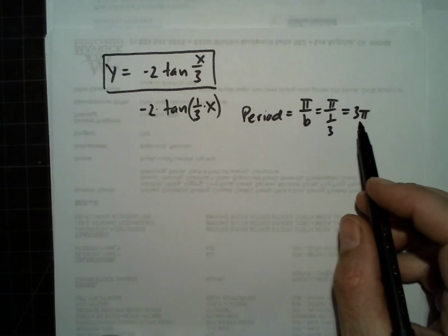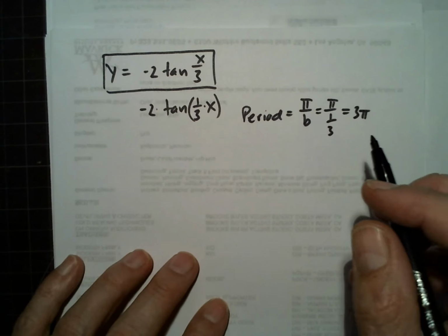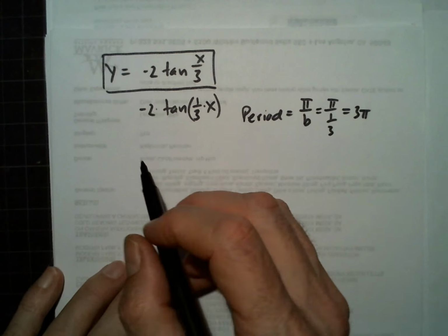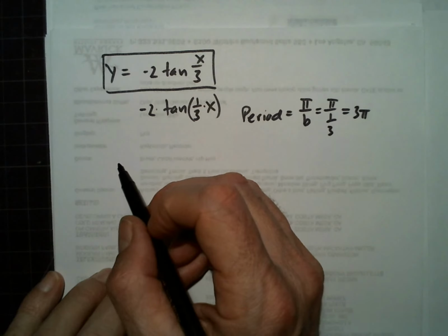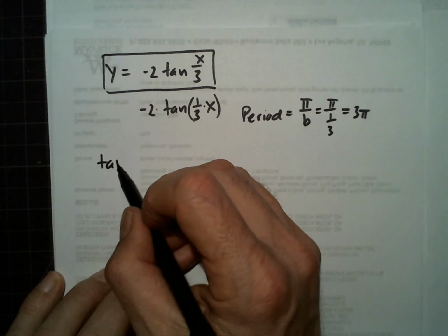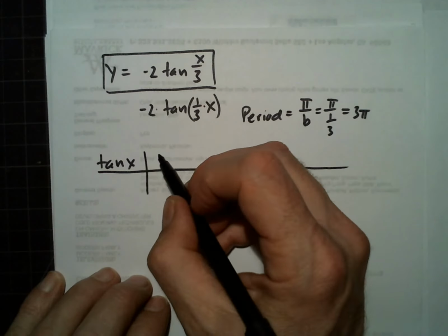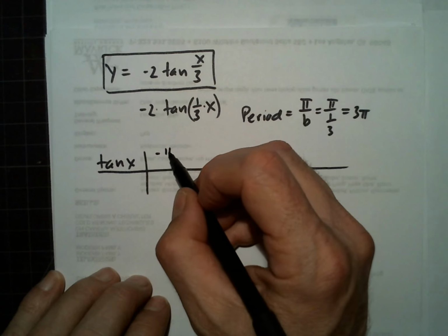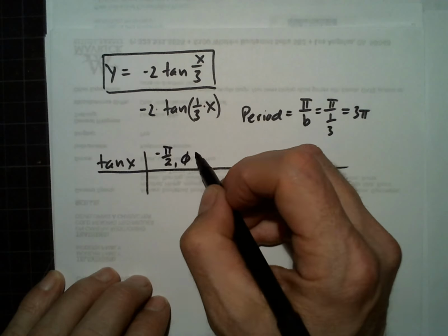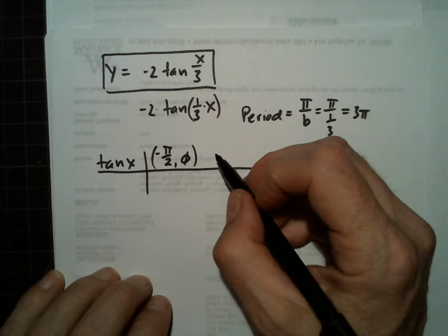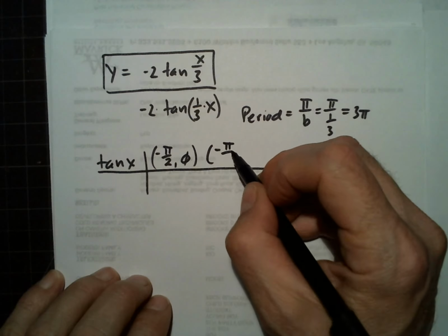We know to expect a period of 3 pi. Then we just start with the points from the parent function. We don't have a point here, but it helps us keep track of where the asymptote is.